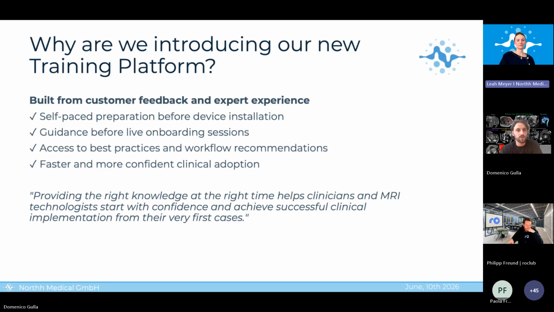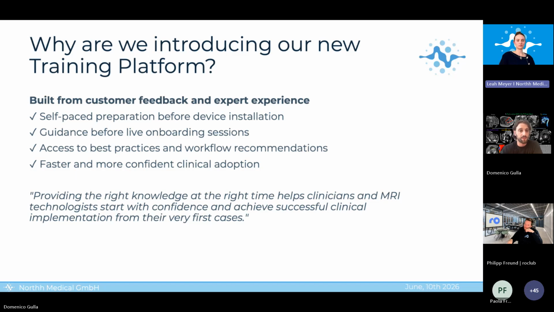Again, why are we introducing that? Because it's built from customer feedback and expert experience. We always try to get feedback from the customer, understanding what the issues are. It can be issues related to device usability, patient positioning, and also acquisition. And this training is self-paced before the device installation.